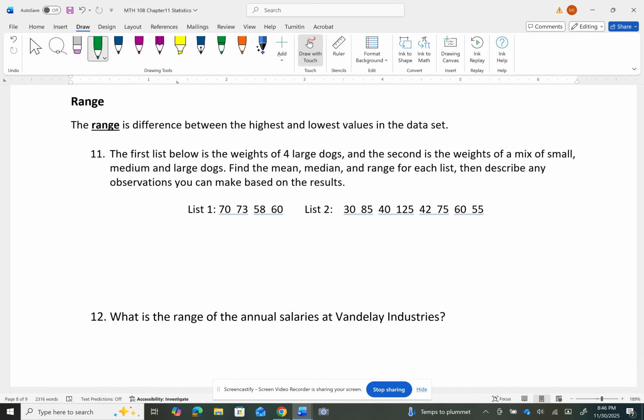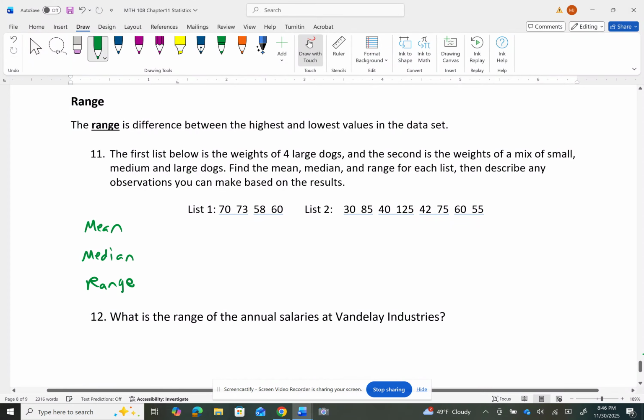Okay? So here we have a list with the weights of 4 large dogs, and then we have a second one with the weights of small, medium, and large dogs. It wants us to find the mean, median, and range for each. So let's look at the mean for each, and then do the median for each, and then consider the range.